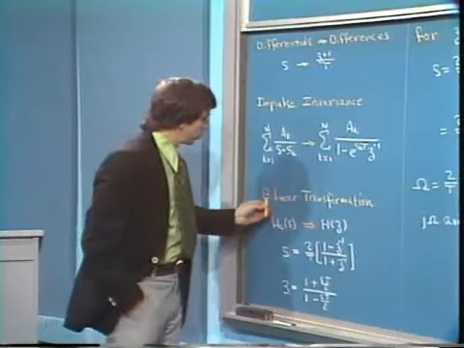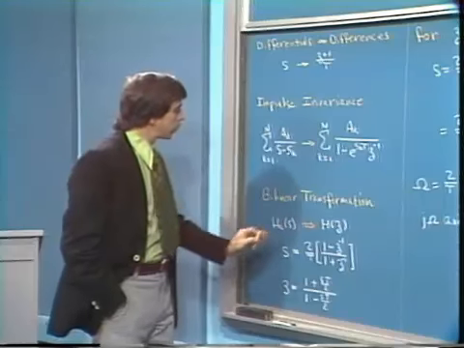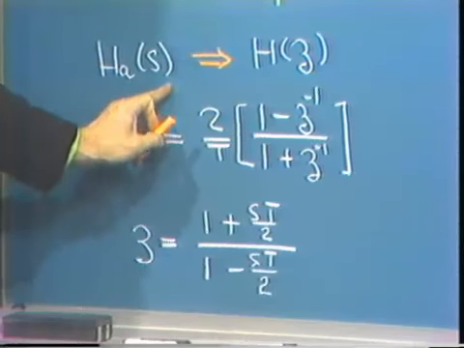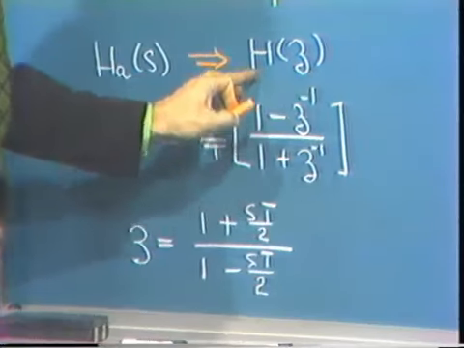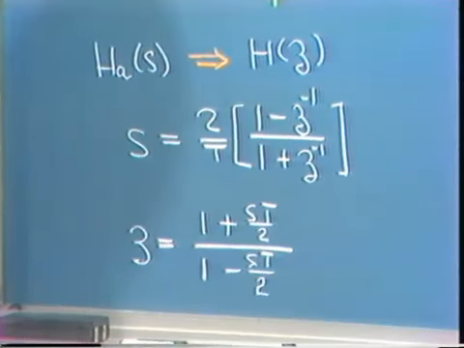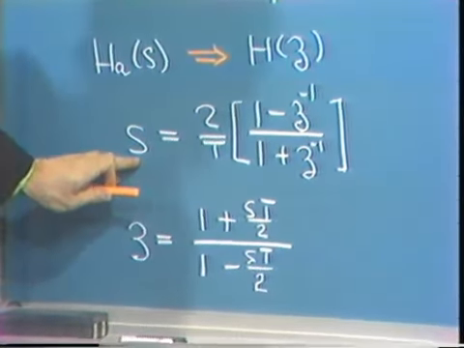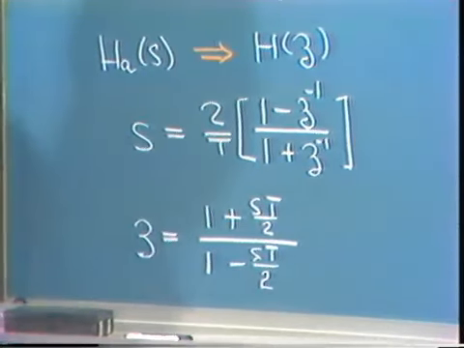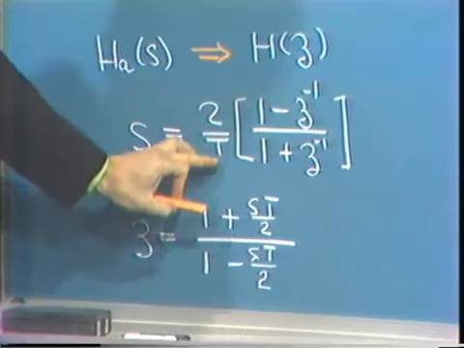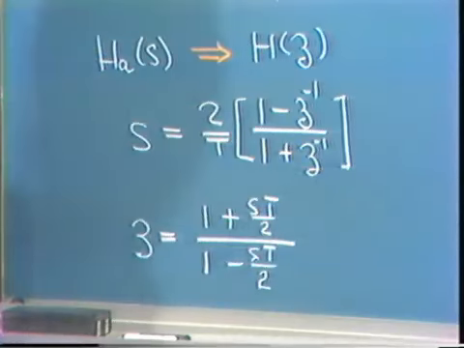So the technique then is basically to begin with an analog system function, convert that to a digital system function, and do that by replacing S by a bilinear transformation, where the bilinear transformation is, as I've indicated here.